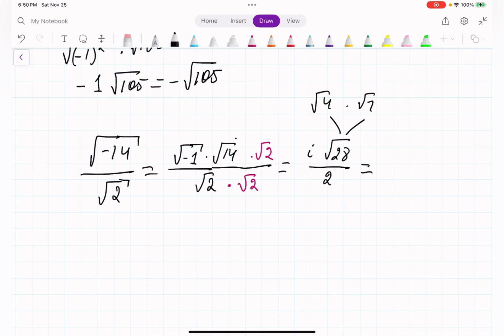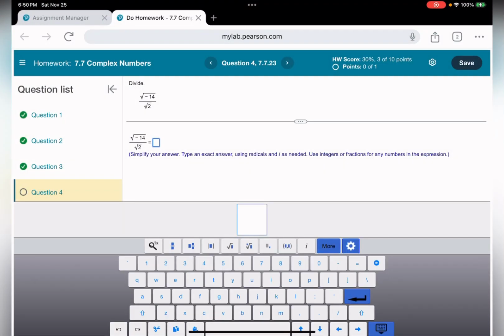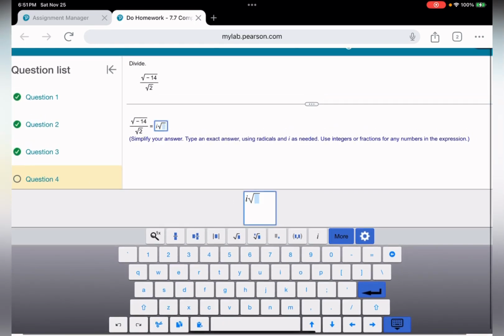Square root 4, 2 comes out, 2i, and underneath square root 7, and 2. And then canceling 2 and 2, I square root 7. I and square root 7.